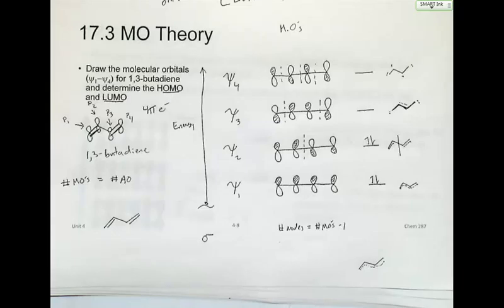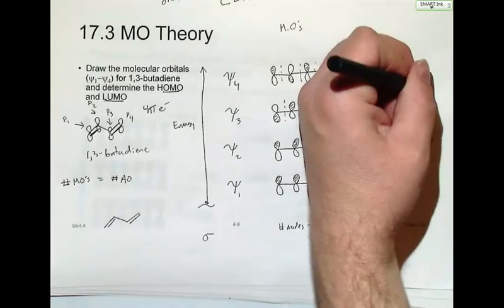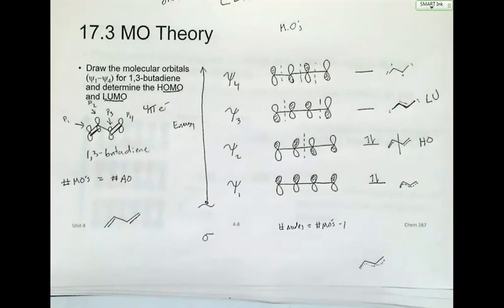He said that every reaction can be defined in terms of interactions between the highest occupied molecular orbital, in this case, psi2, and the lowest unoccupied molecular orbital. Now, there's some very interesting chemistry you can do thinking about orbitals in that sense.